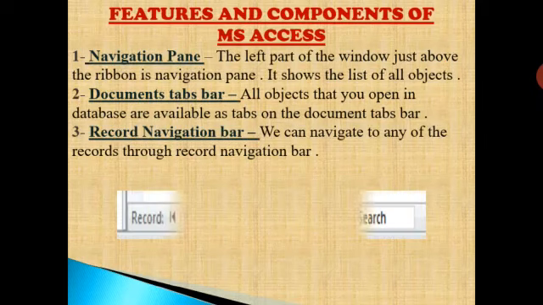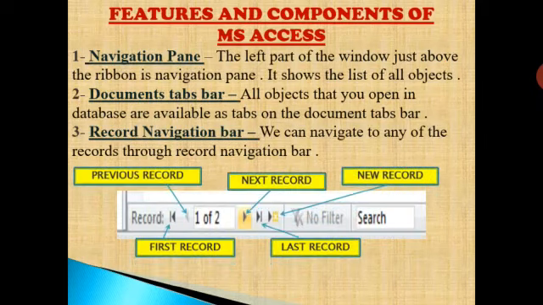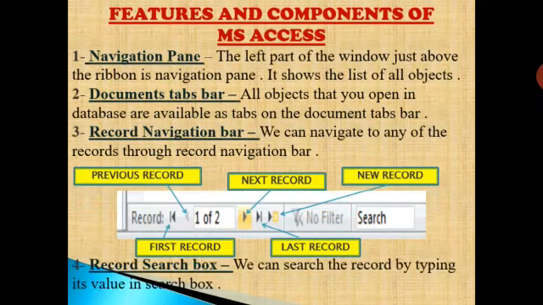Record navigation bar. Here in this image you are able to see all the activities that we can do on the records, that is previous record, next record, last record, first record or new record. Then last is the record search box. We can search the record by typing its value in the search box.